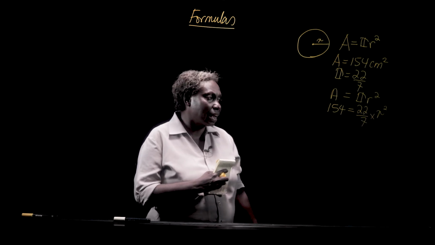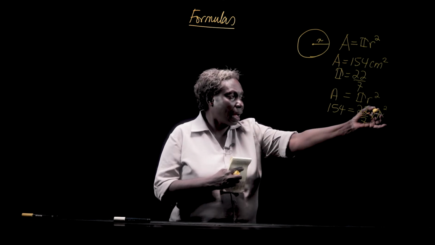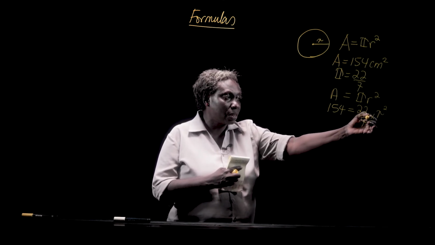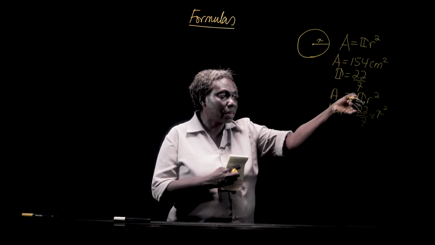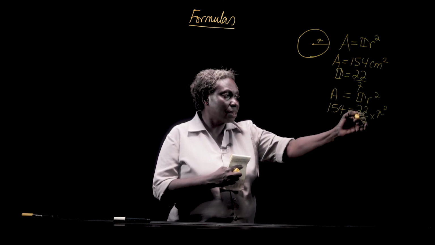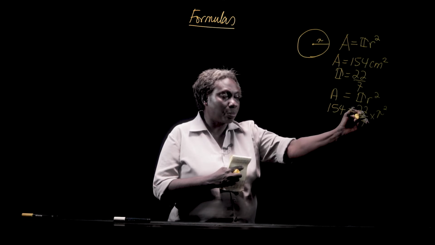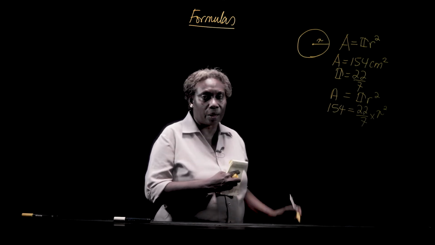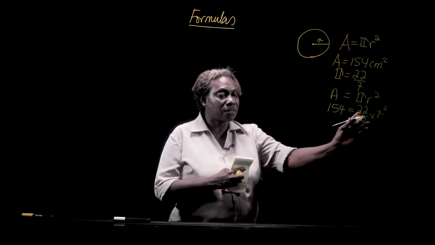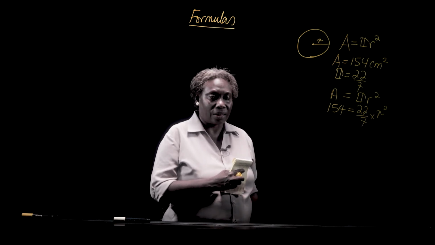What is the first thing that we do? We want r to be on its own. So we have to get rid of all the numbers attached to r. Since we have 22 divided by 7, we multiply both sides of the equation by 7 so that we get rid of 7 on the right-hand side.